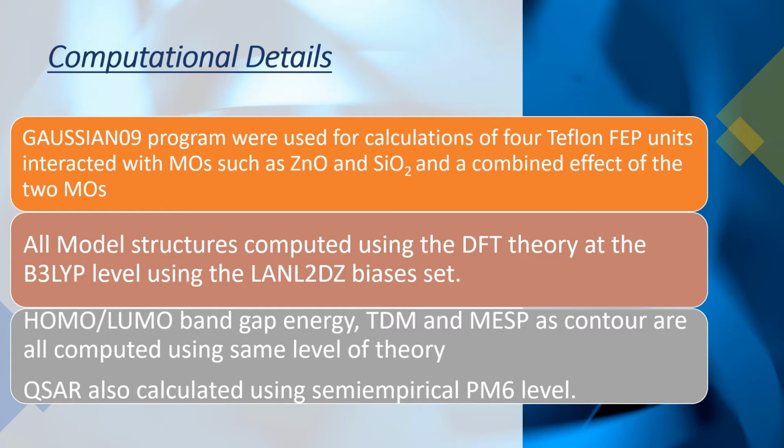All models were computed using density functional theory at the B3LYP level using the LANL2DZ basis set. HOMO-LUMO band gap energy, total dipole moment, and molecular electrostatic potential as contour were calculated at the same level of theory for all structures. Also, quantitative structure activity relationship was calculated using the semi-empirical PM6 level.